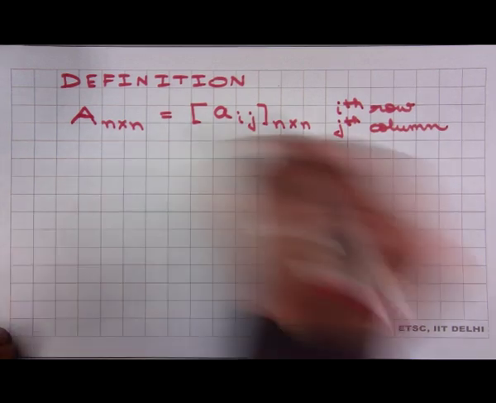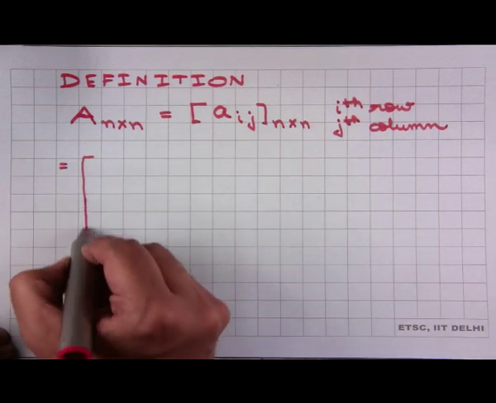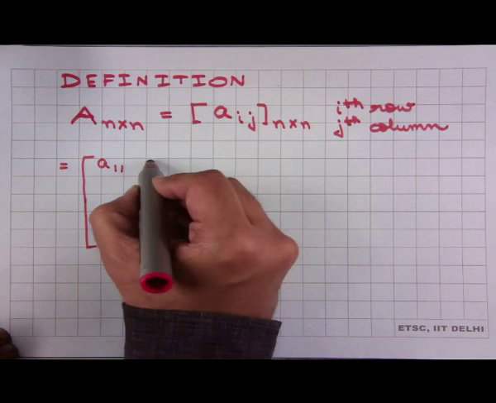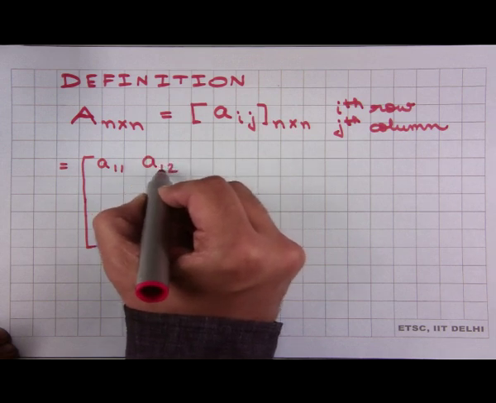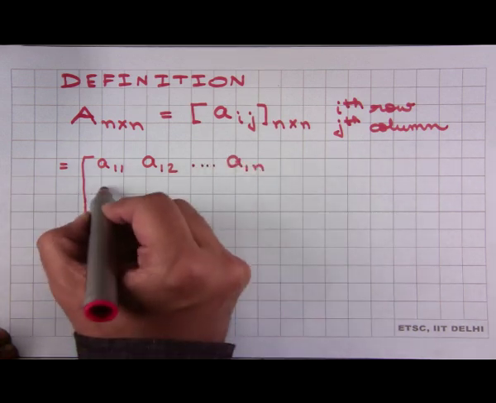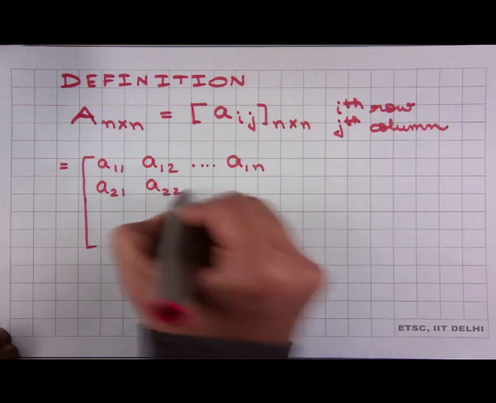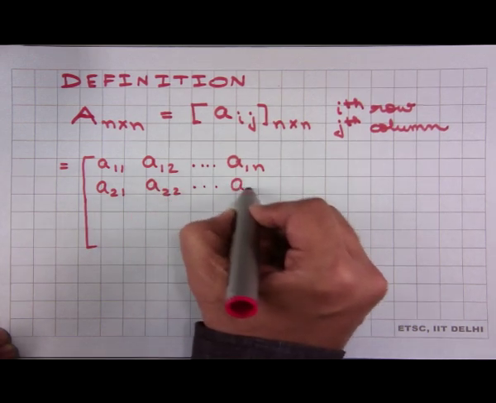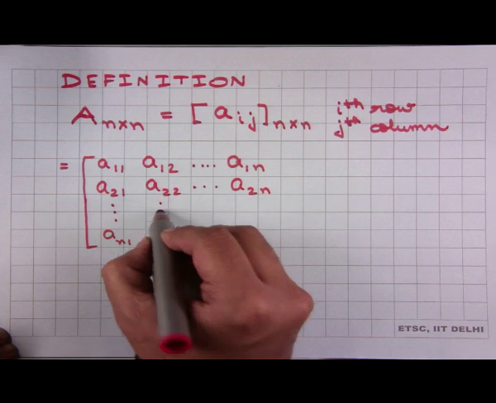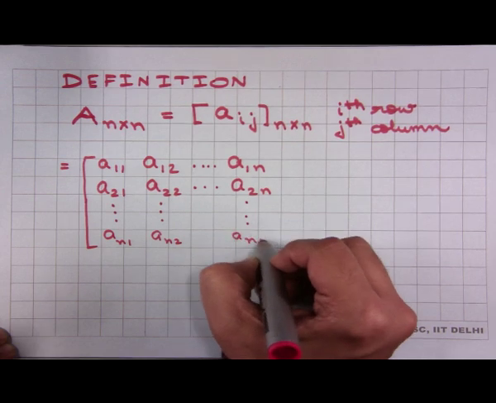Or if we try to write down the matrix as a whole, this would be something like A11, because it is the first row and the first column, then A12, first row second column, and so on, then the first row nth column. Next row, A21, second row first column, A22, second row second column, and so on to second row nth column, and likewise we will have the nth row first column, nth row second column, and then the final one, nth row nth column.